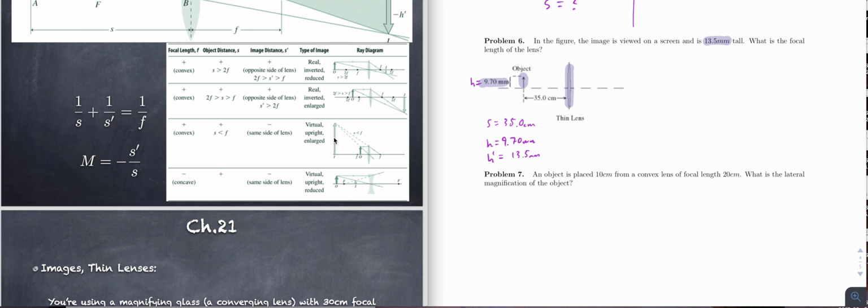And I'm leaving some space here because I'm not sure yet, but I think I need to put a minus sign or a plus sign there, because if it's inverted and magnified, I need to put a minus sign here. If it's upright and magnified, then I need to put a plus sign there. So which situation do I have?